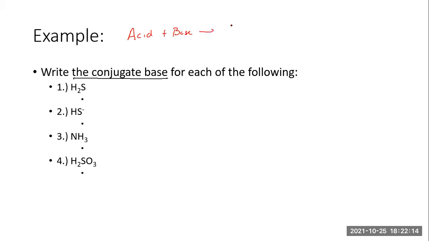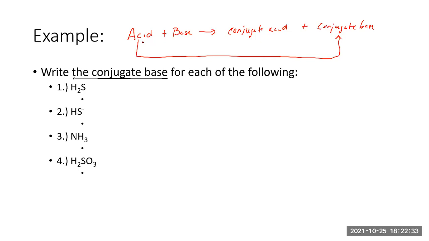And then on the other side of the arrow, we have our conjugate acid plus our conjugate base. And the relationship between those guys is the acid on the left makes a conjugate base. And the base on the left there makes a conjugate acid. So those are the relationships between them.